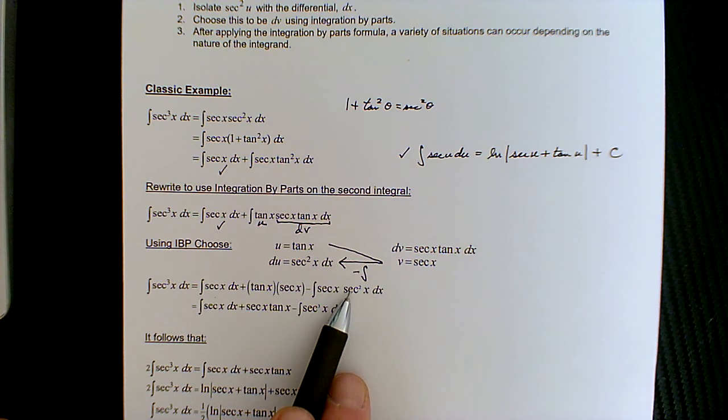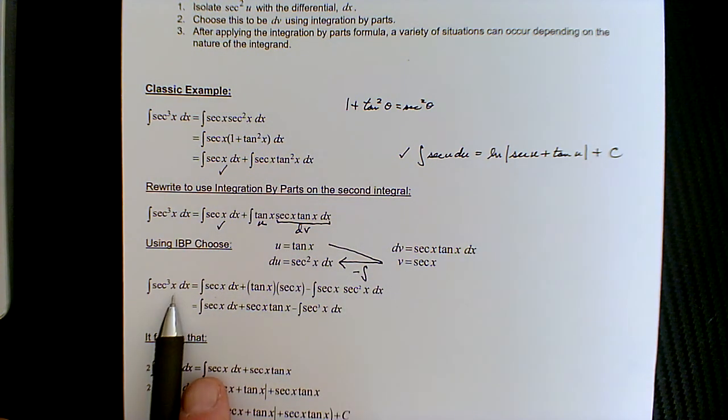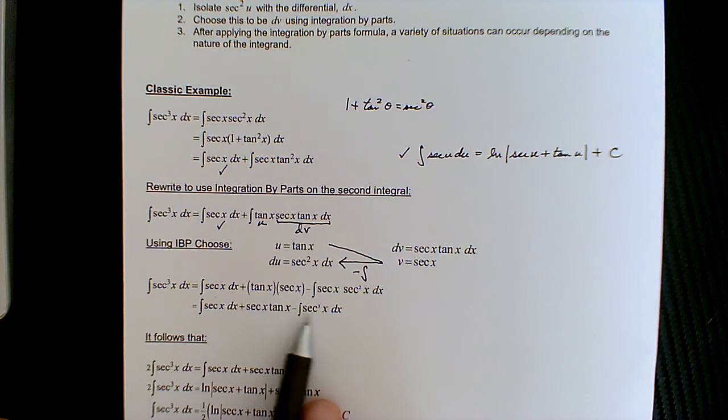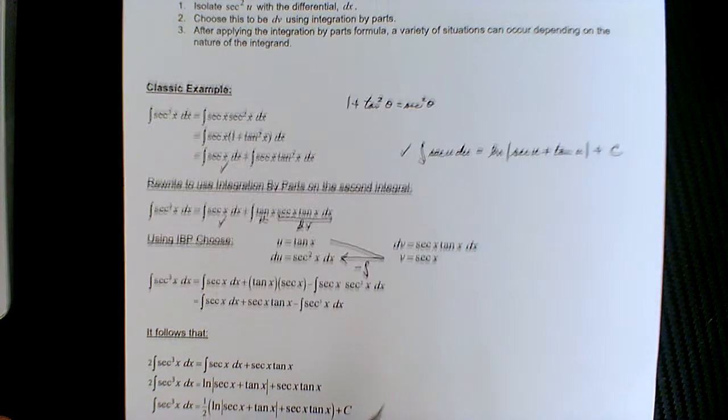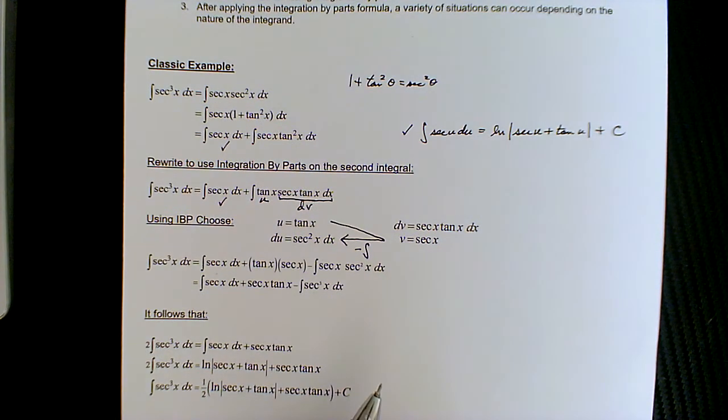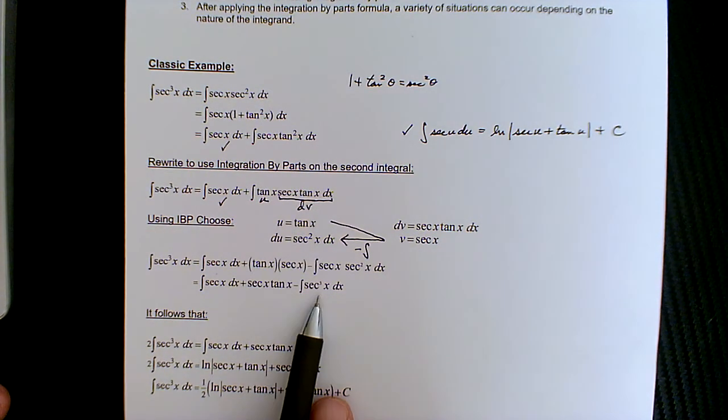And the interesting thing is, what happened is, this original integral of secant cubed now comes back to us. So it's kind of like when both factors were cyclic and we used the big I, uppercase I thing to note that the original integral comes back. It's very similar to that.